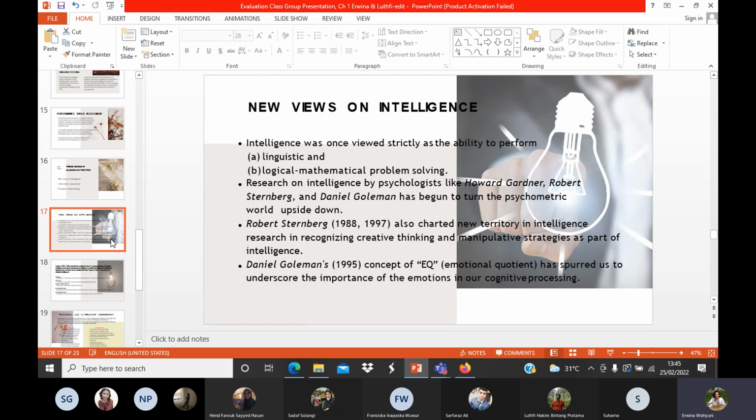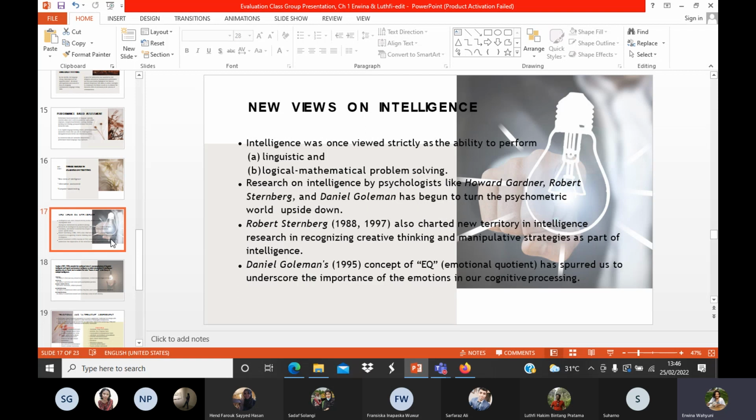But later on, some psychologists like Howard Gardner, Robert Sternberg, and Daniel Goleman began to change the theory. It was stated by Robert Sternberg that there is a new territory of intelligence, and it involves creative thinking and also manipulative strategies.